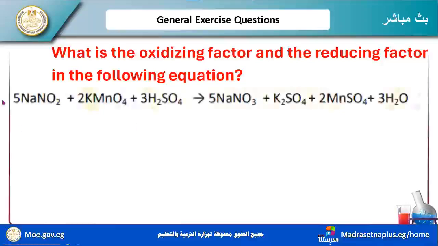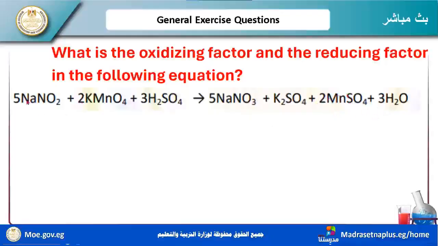Now we have this equation: sodium nitrite reacts with potassium permanganate and H2SO4, sulfuric acid. The result is sodium nitrate, potassium sulfate, manganese sulfate, and H2O.